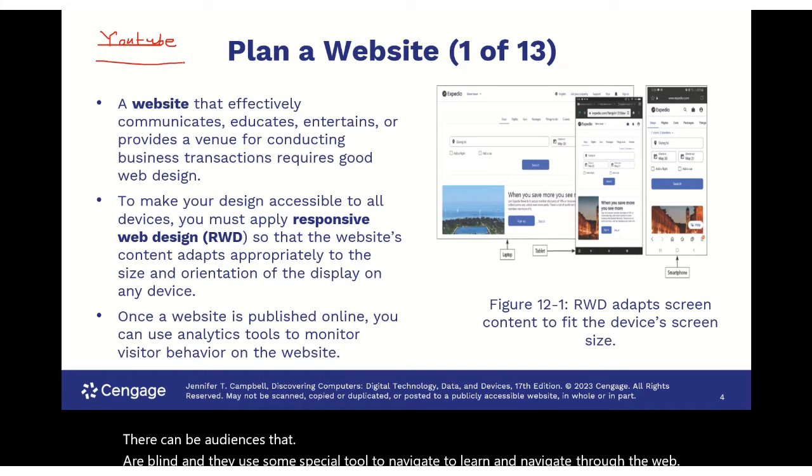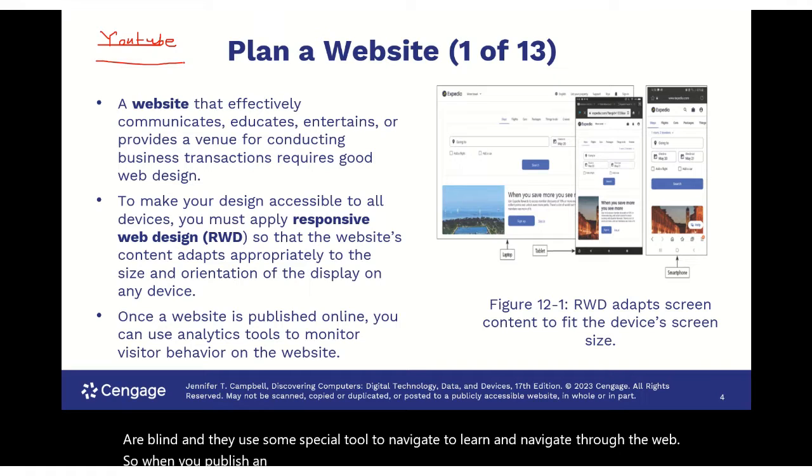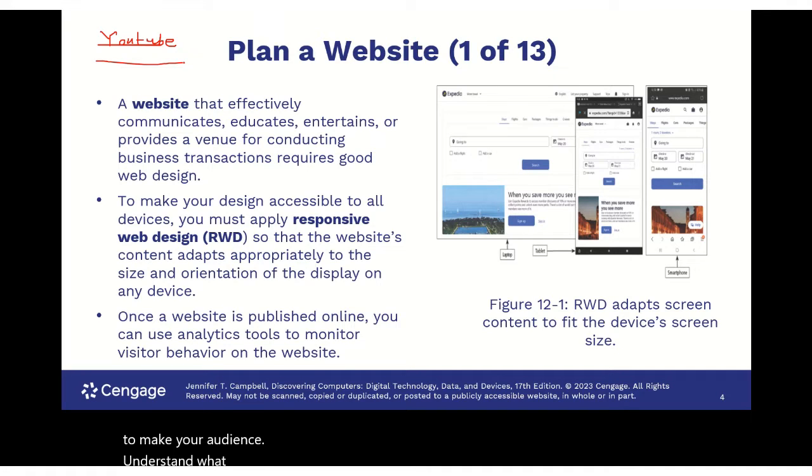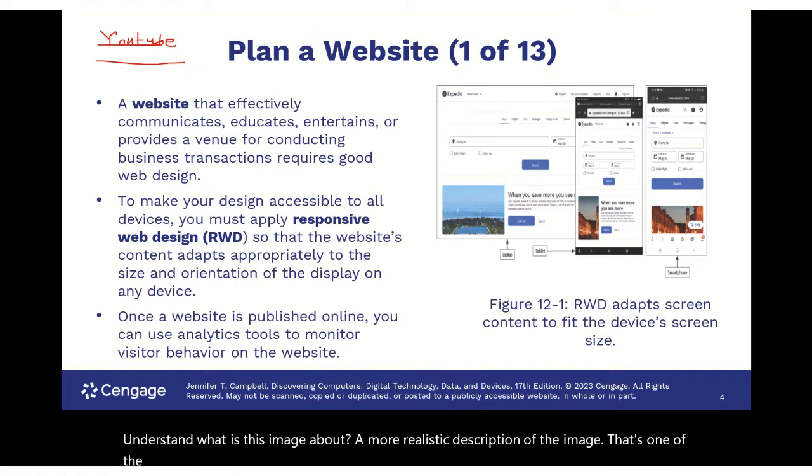So when you publish an image, it is always recommended to put together an alternative text to make your audience understand what this image is about, a more realistic description of the image. That's one of the accessibility features. I mean, there will be more.